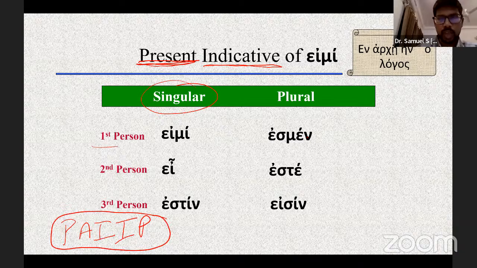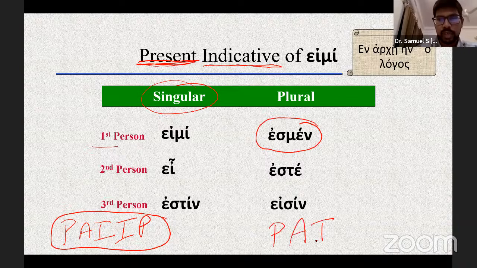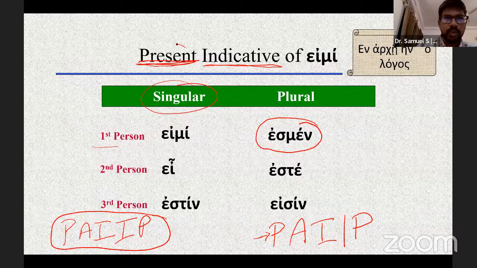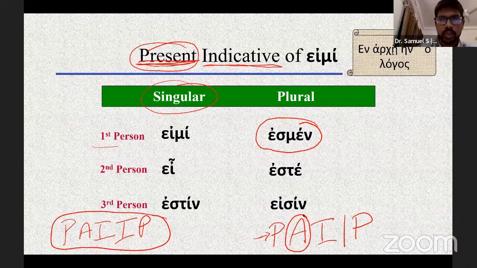For example, if I say, what is esmen? You have to say it's present, active, indicative, first person, plural. That will be our pattern. So first we say, what's its tense form? Present tense form. Then we say, what is its voice? It's active.